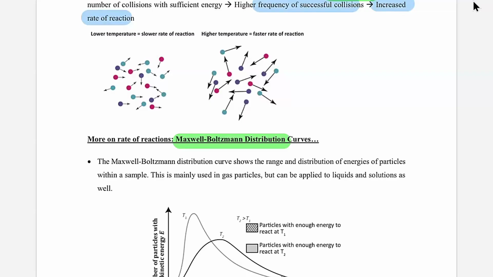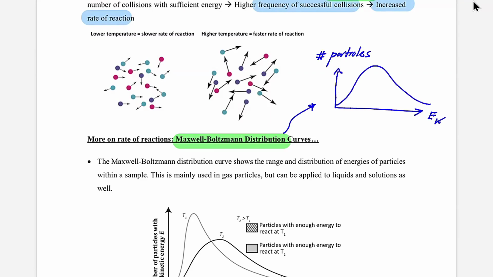Maxwell-Boltzmann distribution is nothing but how you plot number of particles against kinetic energy, right? So that has a shape like this. This is not a perfect bell curve.